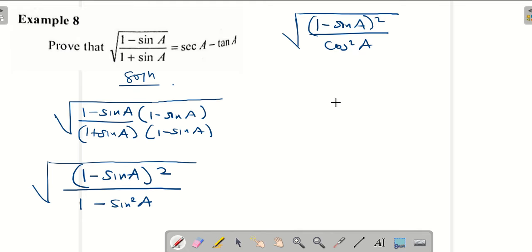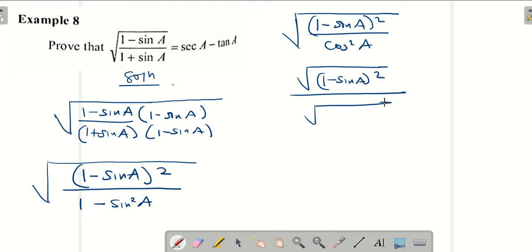Now, we can take the square roots one by one. So the square root of 1 minus sine A, all squared, then divided by another square root of cos squared A. Cos squared A is the same as cos A, all squared.